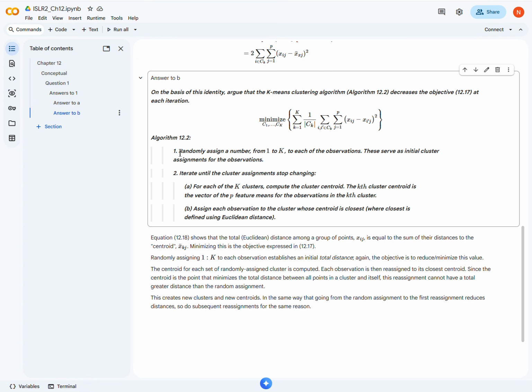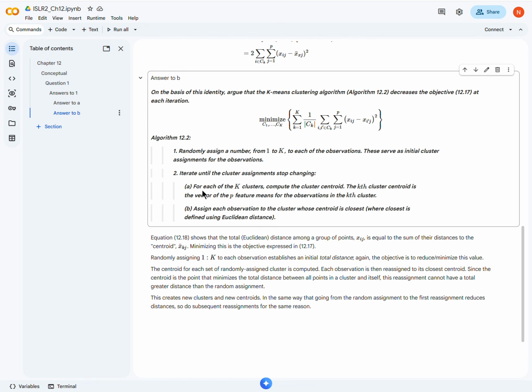Okay, and the algorithm is to randomly assign. So first we need to say how many clusters we have, and then we randomly assign each observation to one of those clusters, 1 through capital K. Okay, and these are the initial cluster assignments, but it's probably not good. So we need to iterate some algorithm to, again, achieve our objective here.